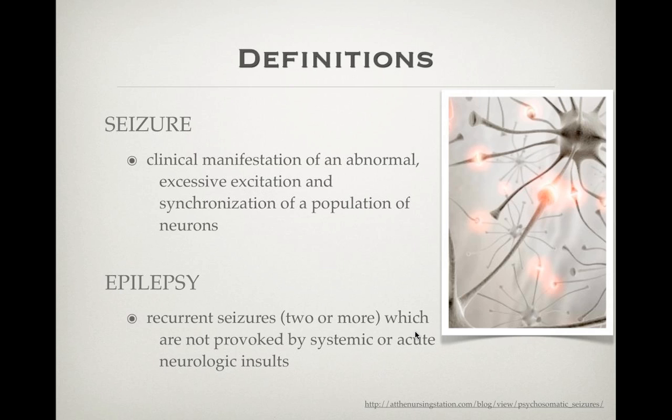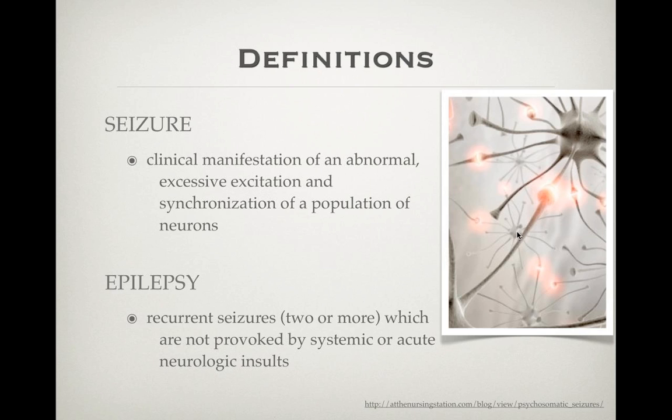So I just want to review the basic definitions. And don't worry, we'll get into the surgery. But right now, just to review basic things. A seizure is when the neurons all come together and synchronize, so they all start to have this surge of electricity in a certain area causing a convulsion or a seizure.